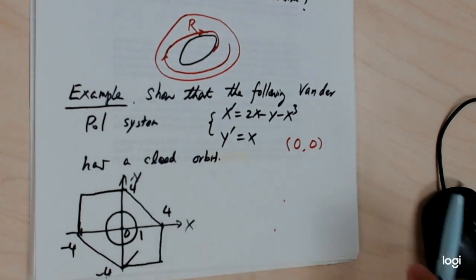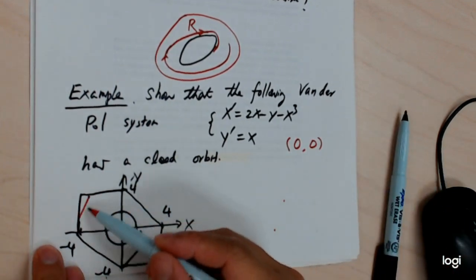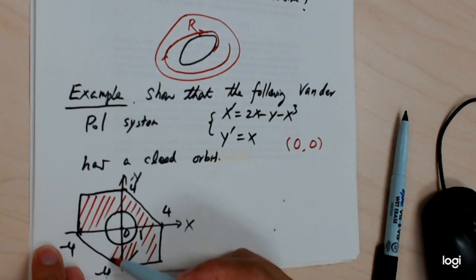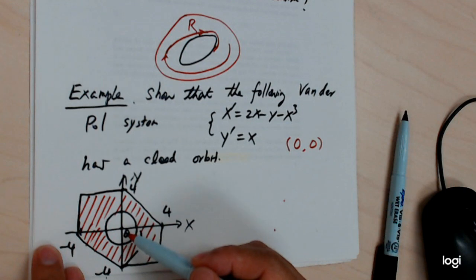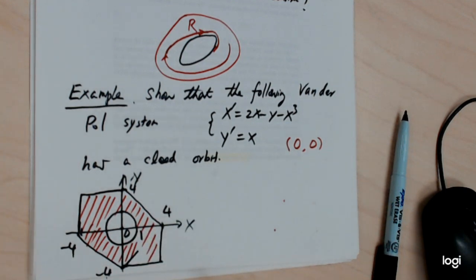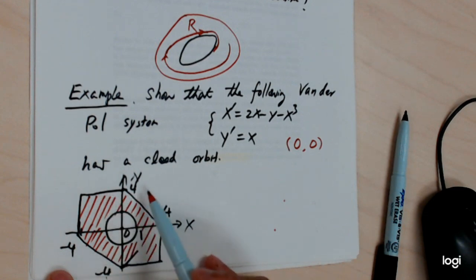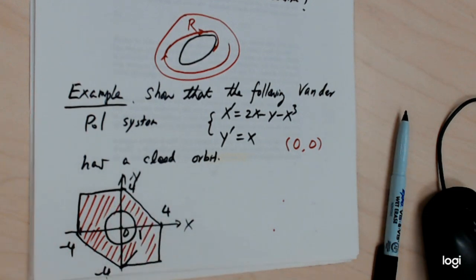You see this region? I'm claiming this region that's closed and bounded, but not including the origin, is the positively invariant set. So in other words, I want to show along those edges there is no trajectory coming out.